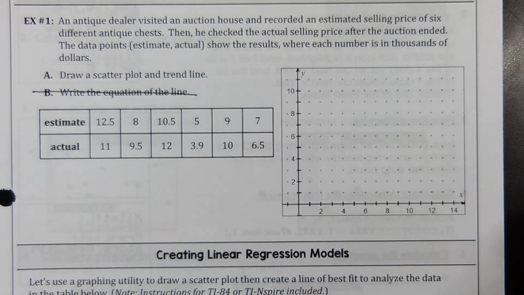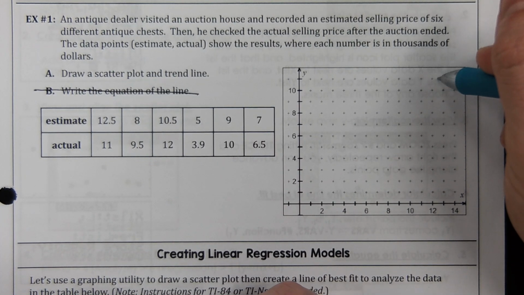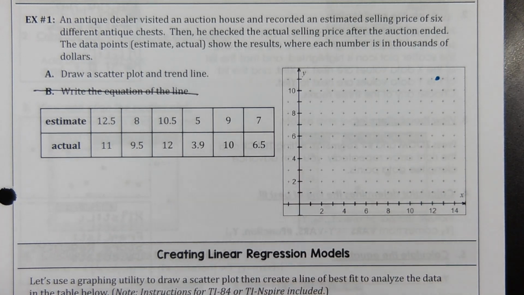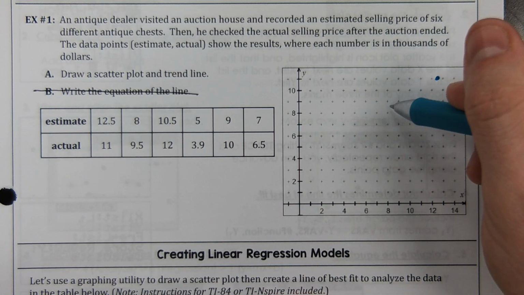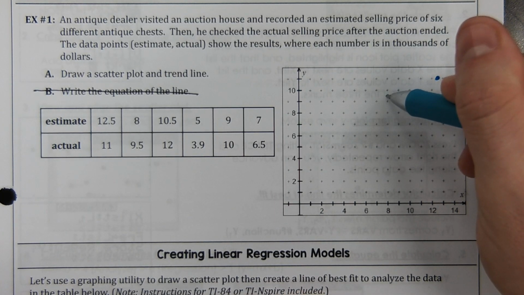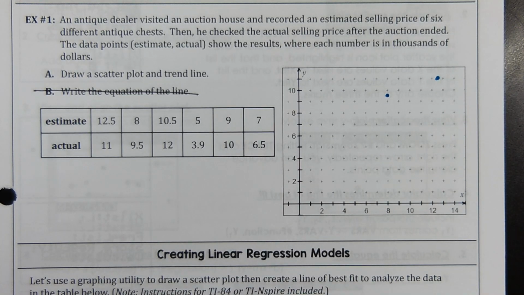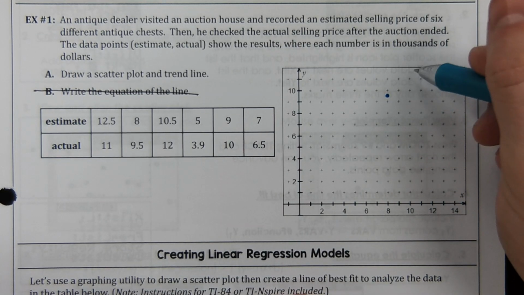So 12.5, 11 is around here. 8, 9.5, about there. 10.5, 12, that barely fits on the paper.